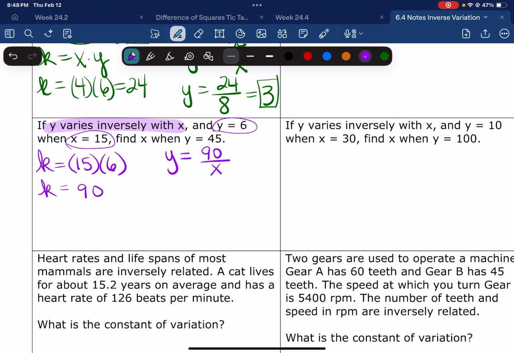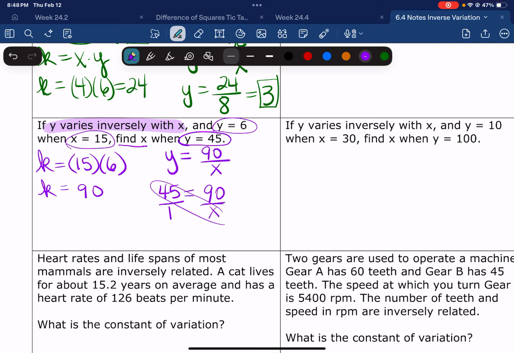Now this time my problem says find x when we're given a y value of 45. So let's sub in 45 right here. 45 equals 90 over x. Well, x is in my denominator. It's not isolated. So if I make this a proportion, right, just put 45 over 1, we can just cross multiply.